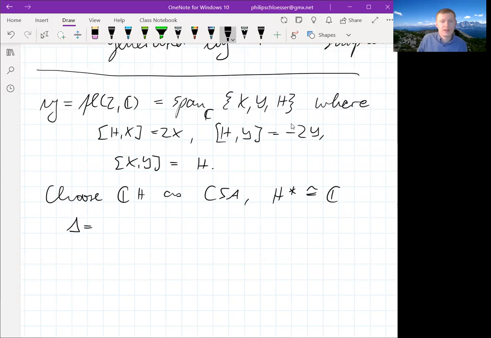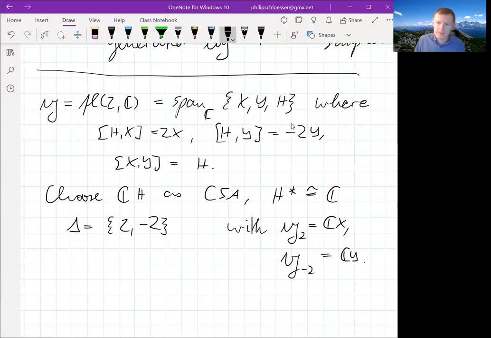From here we see that x is an eigenvector with eigenvalue 2, and y is an eigenvector of eigenvalue -2 of ad h. So that means that our roots are 2 and -2, where the root space of 2 is generated by x, and the root space of -2 is generated by y.